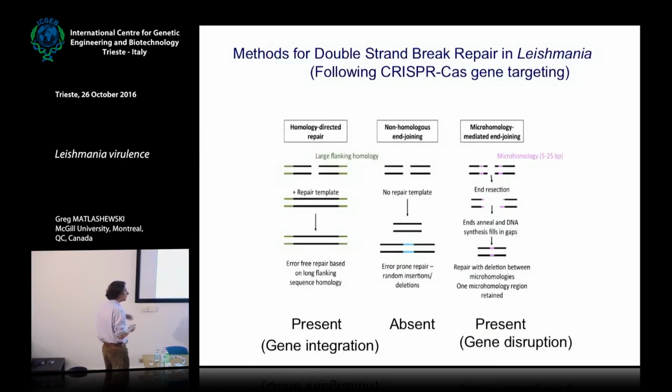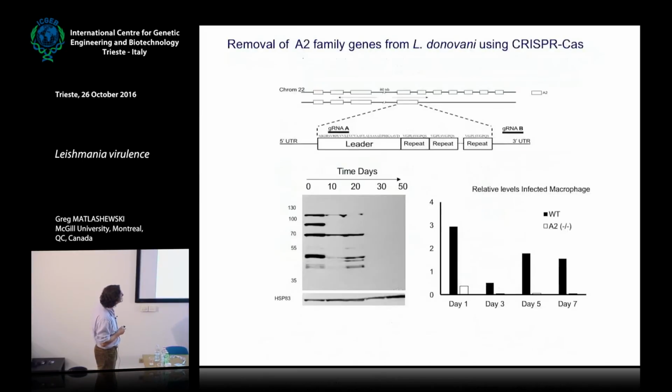So what are some of the other things that you can do with this mechanism now that it's been set up and it's working in Leishmania? We were then able to move into our favorite gene that we've studied in other ways. We've never been able to knock out all of these genes using other mechanisms, homologous recombination or antisense.